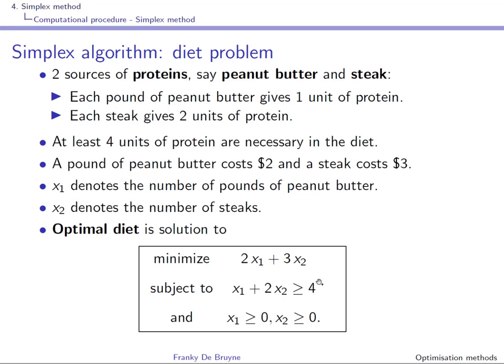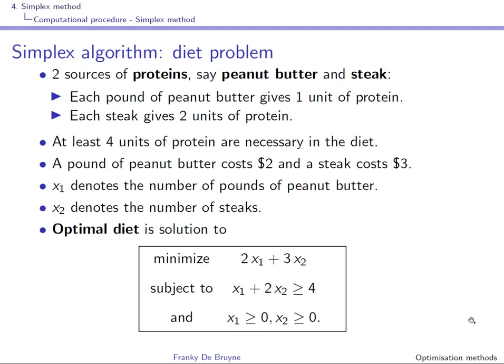We need at least 4 units of protein per day, and we have to make sure that the number of proteins that we get from our diet, which is this quantity, is higher than the daily supply that you need. And of course, x1 and x2 are positive. This is our optimal diet linear programming problem.